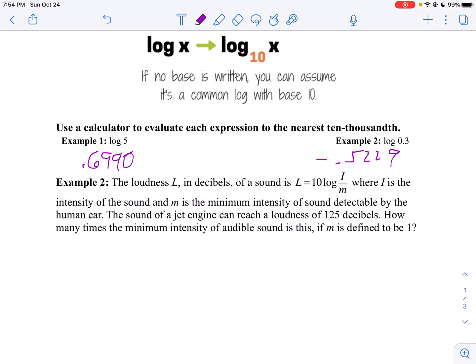Well, let's use our formula and let's plug in what we know. So we're going to say the loudness is 125 equals 10 times the log of I divided by 1. Well, first thing I'm going to do is divide both sides by 10.